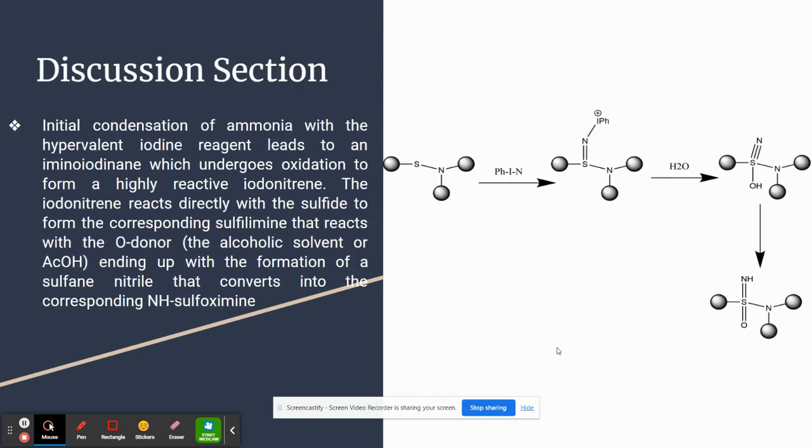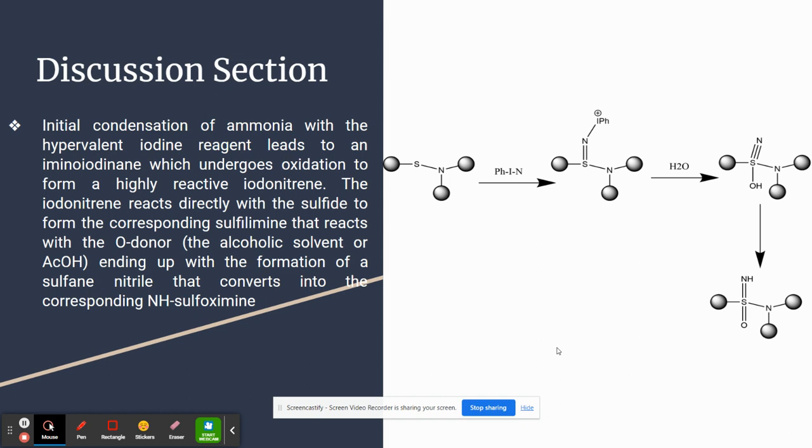So the discussion section. The initial condensation of ammonia with the hypervalent iodine reagent leads to an iminoiodinane, which undergoes oxidation to form a highly reactive iodonitrene. The iodonitrene reacts directly with the sulfide to form the corresponding sulfilimine that reacts with the O donor, ending up with the formation of a sulfonitrene that converts into the corresponding NH sulfoximine.